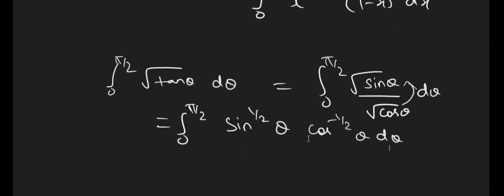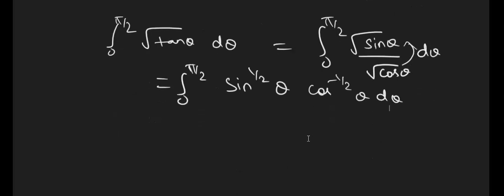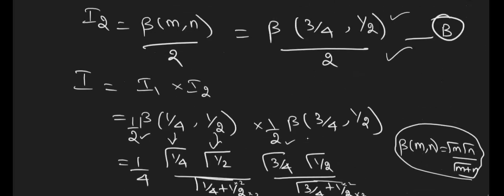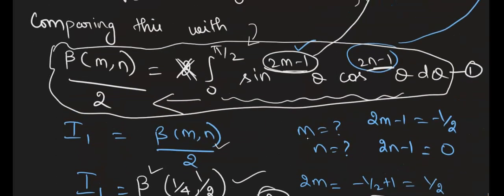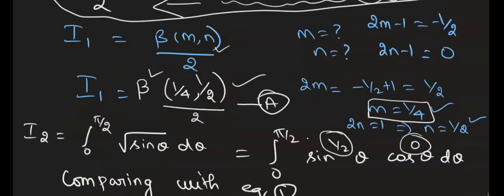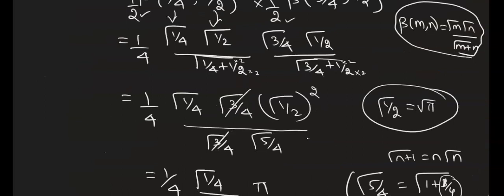So now it is so easy that you are going to compare with the same formula that you have mentioned. What is that equation? Yes, this one. Beta of m comma n by 2. In the place of 2n minus 1, I have plus 1 by 2. In the place of 2n minus 1, I have minus 1 by 2.